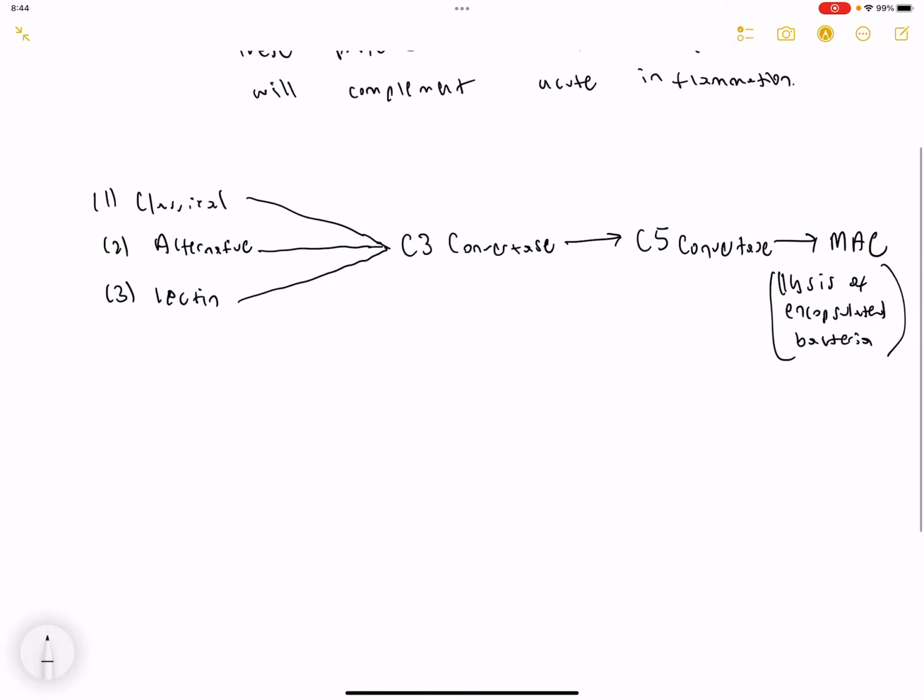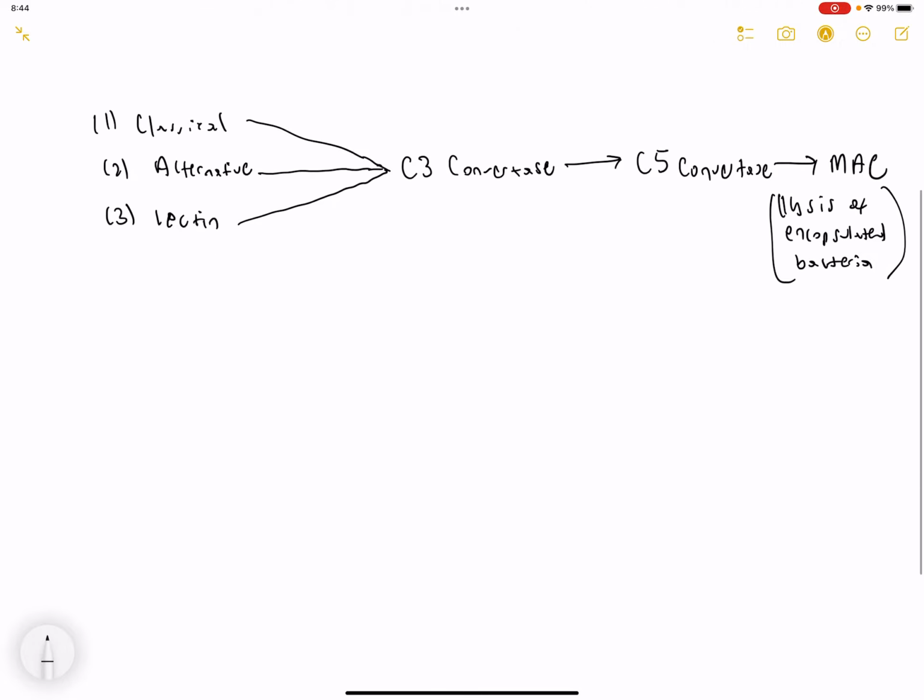Let's go into a little bit more detail on how these pathways start. The classical pathway is going to activate the complement pathway through antigen-antibody interaction. So here is an antigen. Let's say that this is a bacteria. And here we have the antibodies that are interacting with the bacteria through the Fab region.